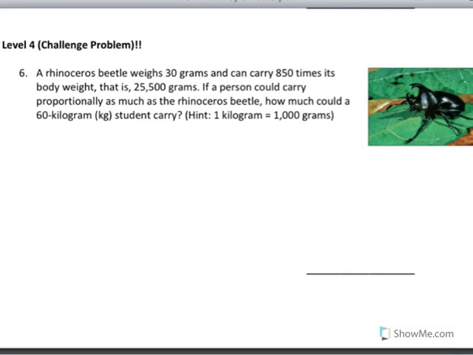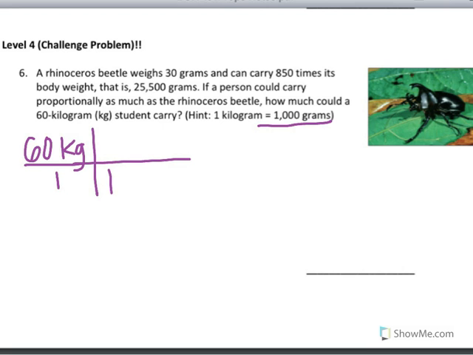Let's see. 1 kilogram is equal to 1,000 grams. So let's do our conversion first. If we have a person who is 60 kilograms, let's see how many grams he weighs. If we recall our conversions from the beginning of the school year, we're going to set up this little table so that we can properly convert from kilograms to grams.